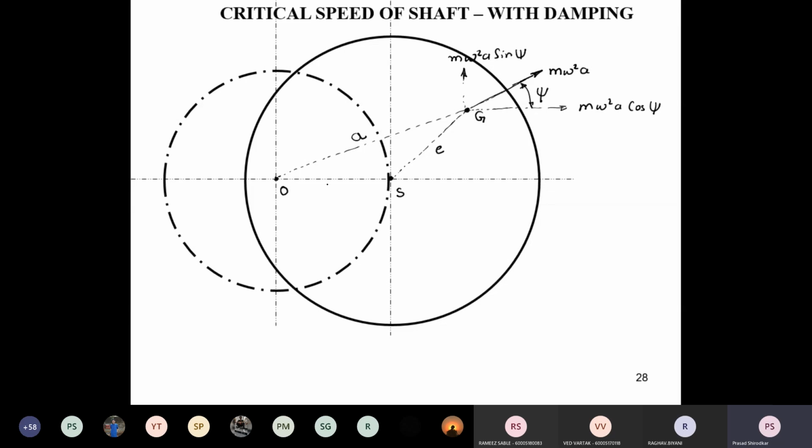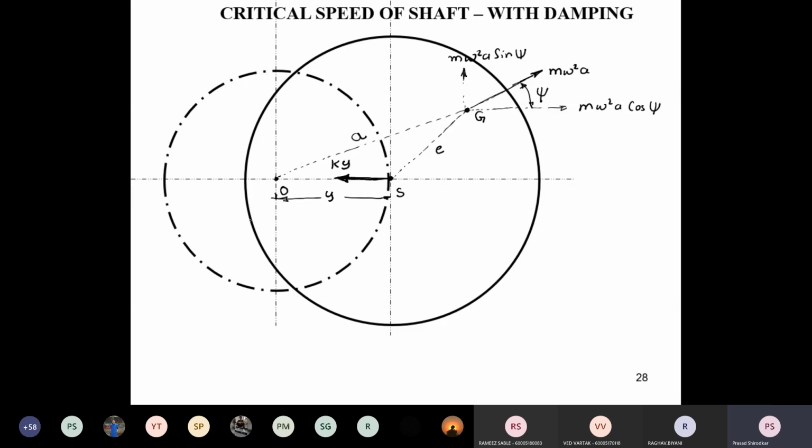Now let's discuss the spring force and the damping force. So deflection in the shaft is Y. This is the deflection. Since deflection is radially outwards, the spring force is going to be radially inwards.